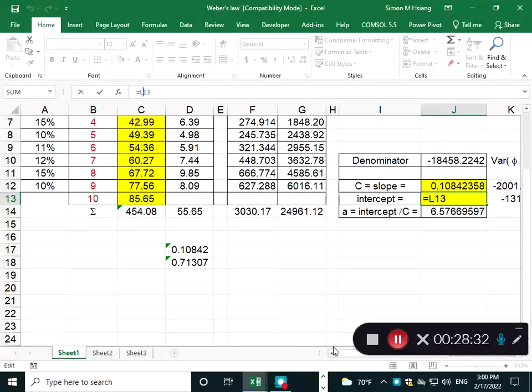So delta phi regression equals K phi plus AK. So K is your slope, AK is your intercept.